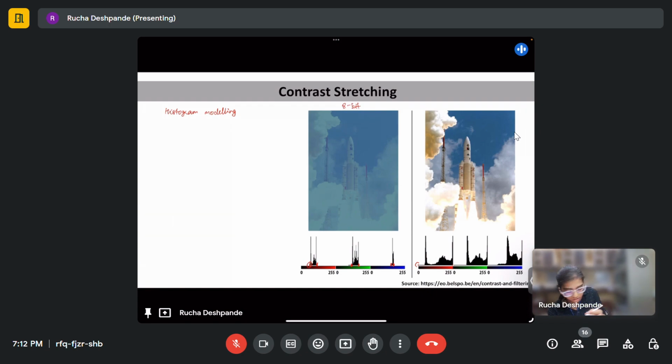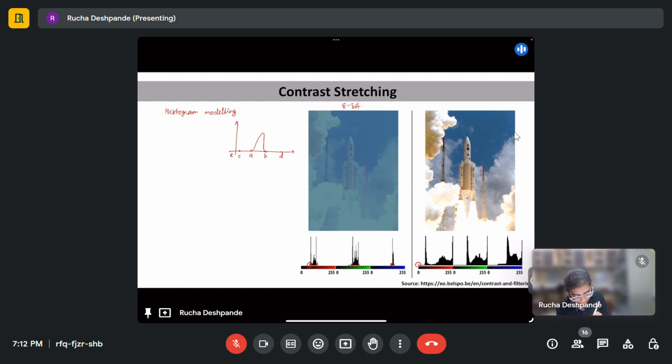Suppose this is A and B, and this is C and D. This is my original range, and suppose I want to change this range to C and D in order to enhance the image, like how it is done in this image.